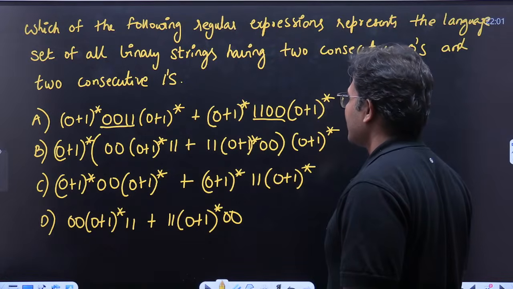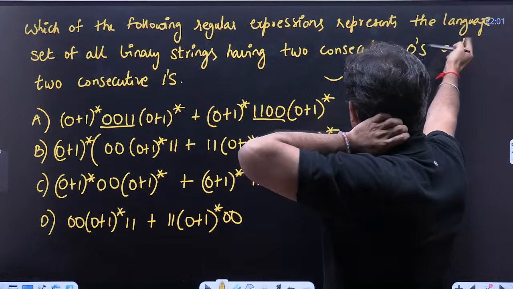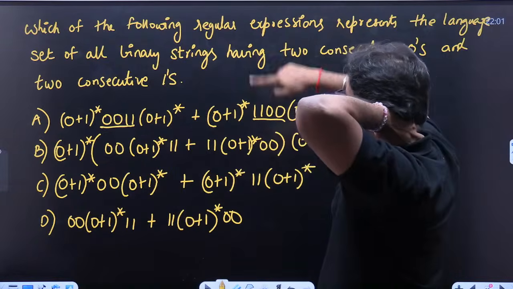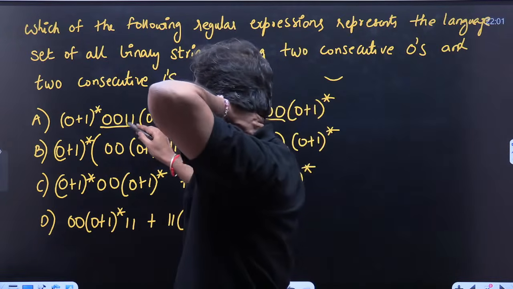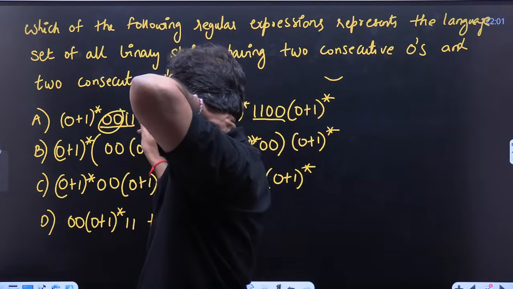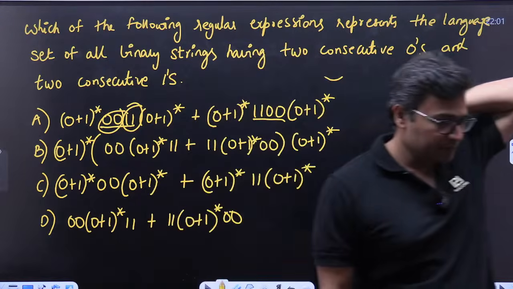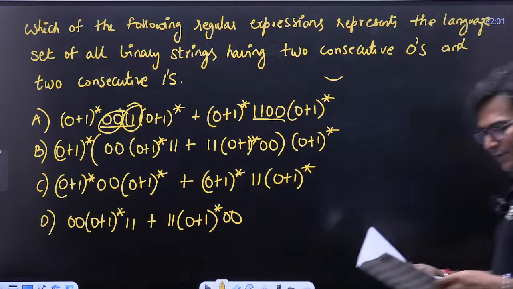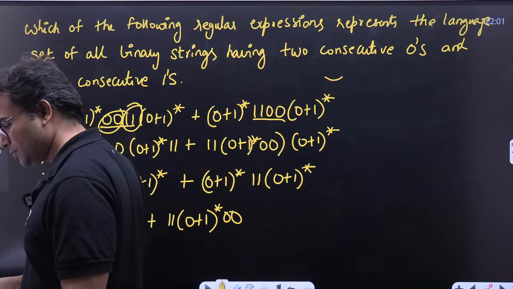Okay. Now, which of the following regular expressions represent the language: set of all strings having two consecutive zeros and two consecutive ones. Okay. So this has two consecutive zeros and also has two consecutive ones, right? Now, why is this false?